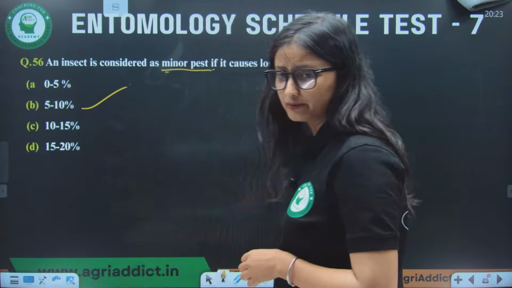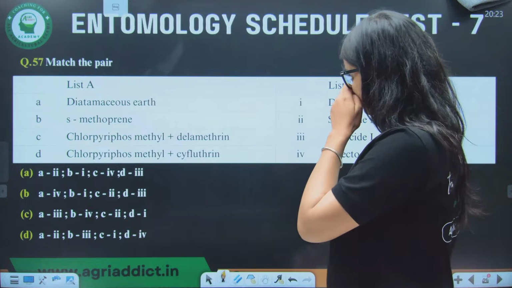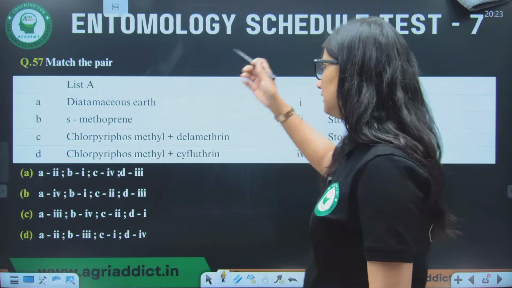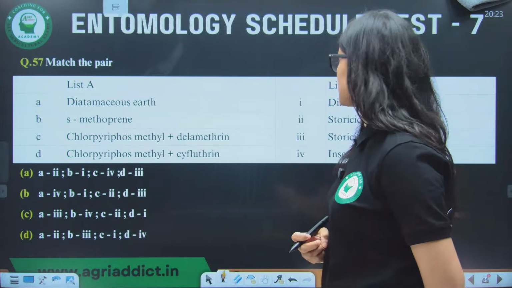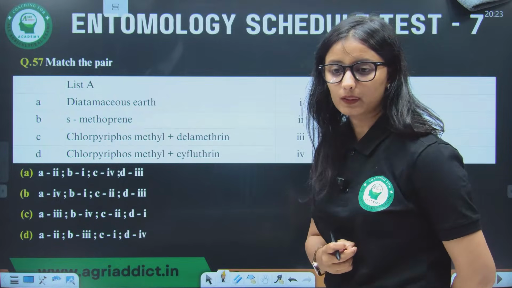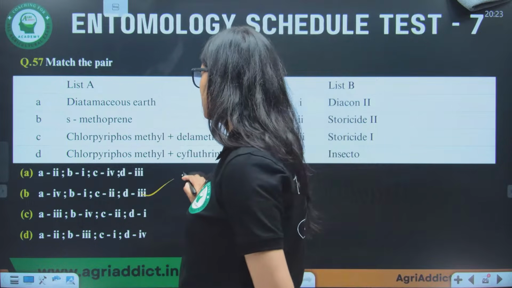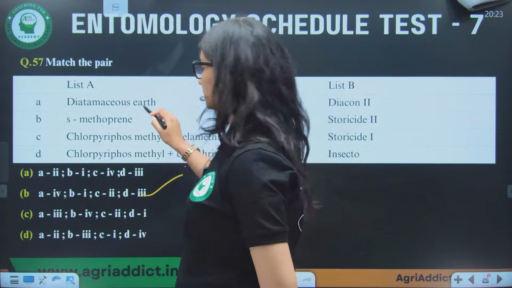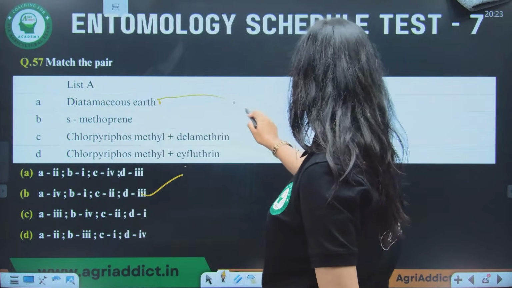Yes, 5 to 10 is the correct answer. Now match the pairs. B is the correct answer. So this diatomaceous earth comes with the name of what?